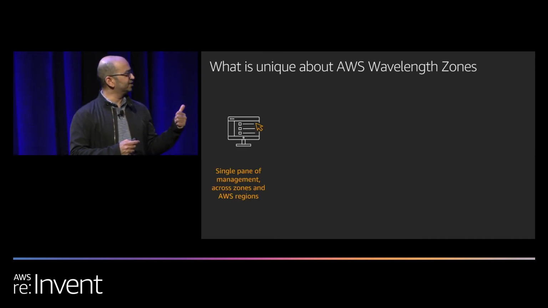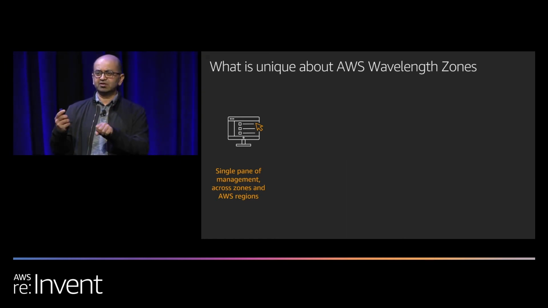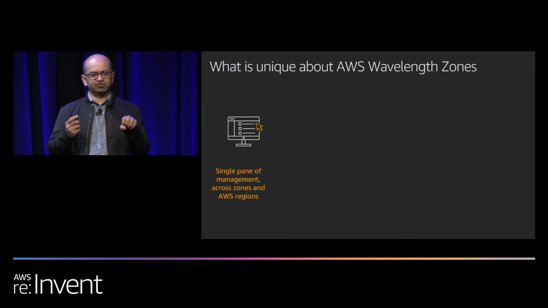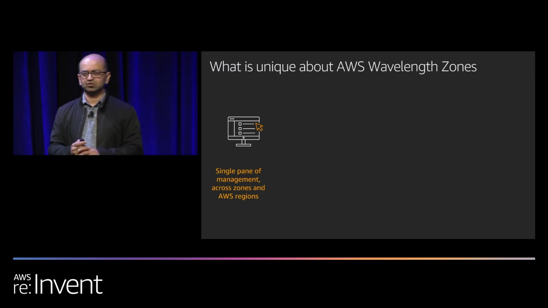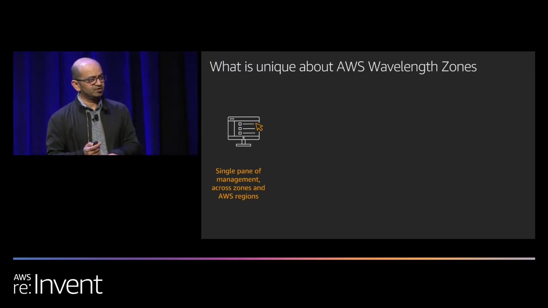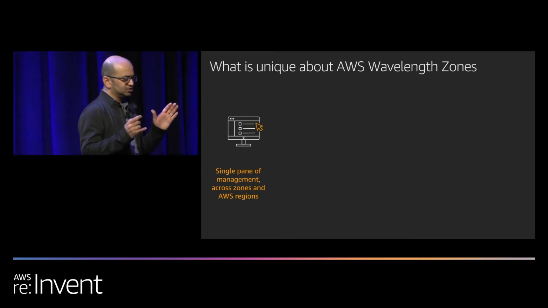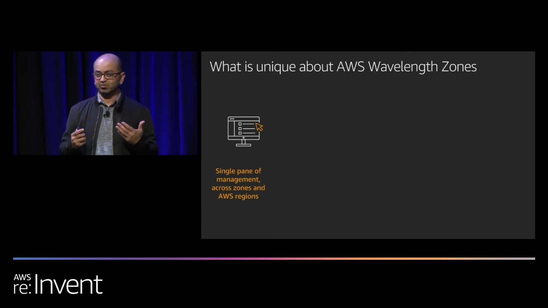Firstly, it's a single pane of management across regions and wavelength zones. As I mentioned earlier, the control plane for the wavelength zones runs in the region. We have a link that tethers wavelength zones to the regions. We manage and monitor them from the region. So you have a single console, a single pane of glass, to run applications in the region as well as in wavelength zones. I think that's very powerful.